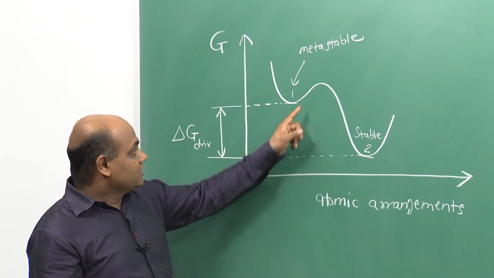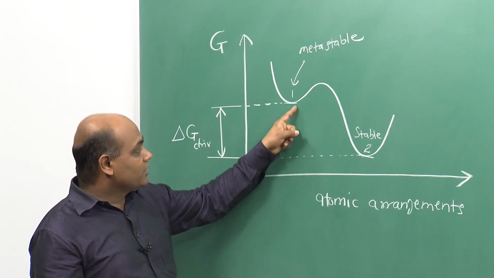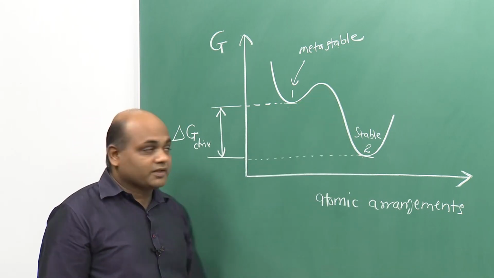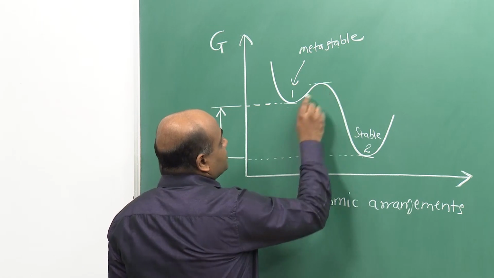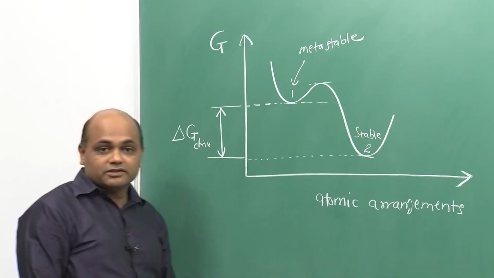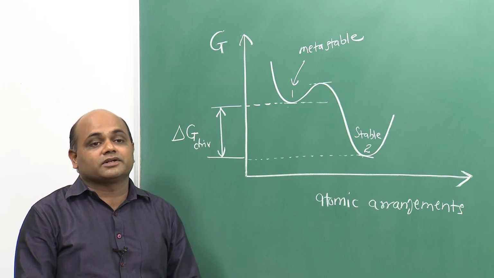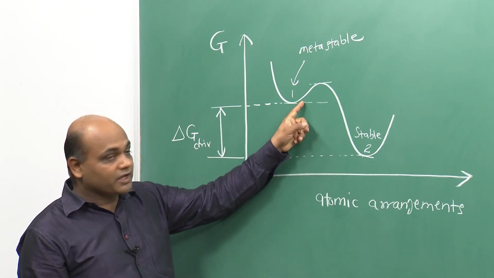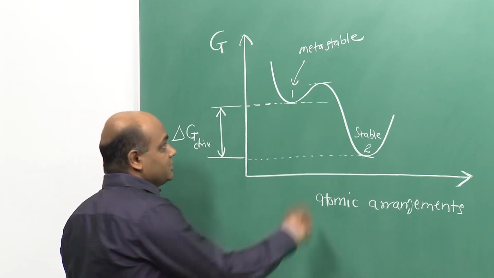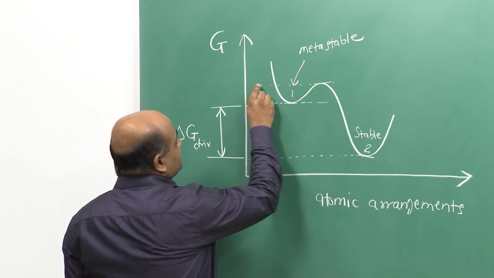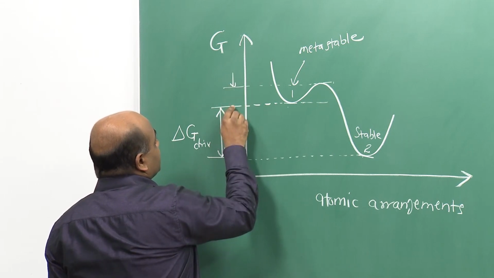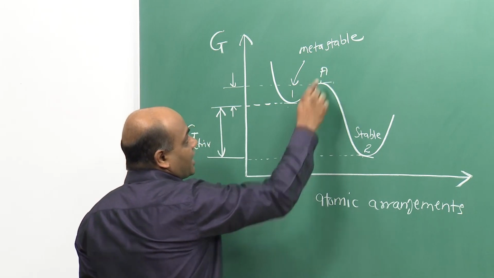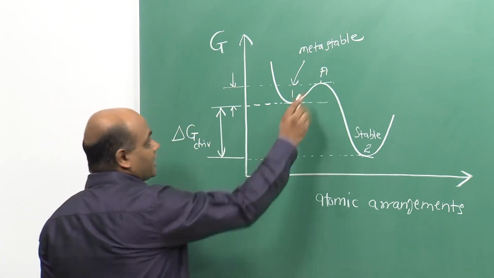However, you will notice that while going from 1 to 2, the system has to cross this hump. It actually represents an energy barrier to the transformation. That means, before the system can move from 1 to 2, it has to gain a certain amount of energy, which is equal to the difference between this maximum in the Gibbs free energy, which is called an activated state, let us denote it by state A, and state 1.